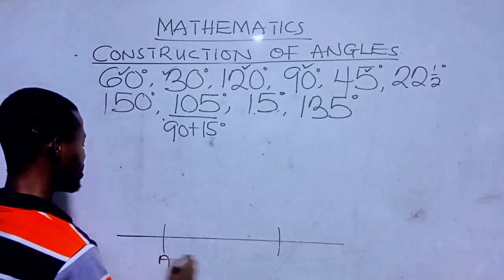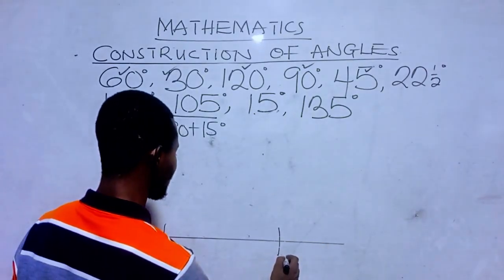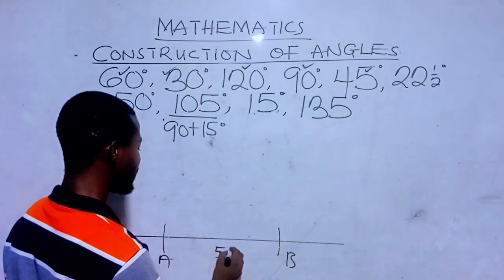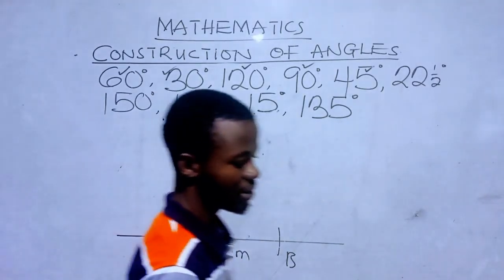Let's say here is A and here is B. The length is 5 centimeters.